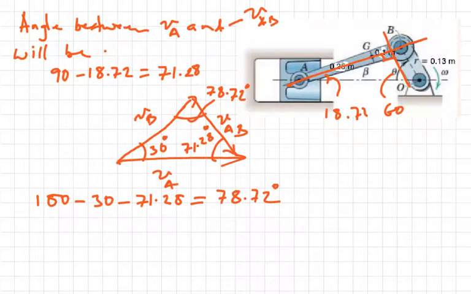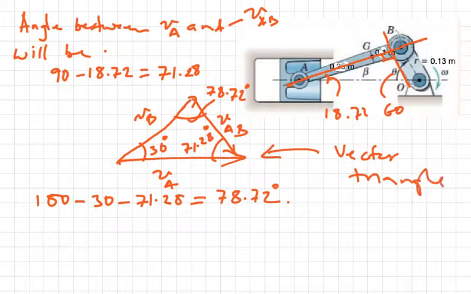So now we have all the angles, and we have the vector triangle. This is a vector triangle, and we can now use this to compute the different velocities. So we can find, for example, VA.